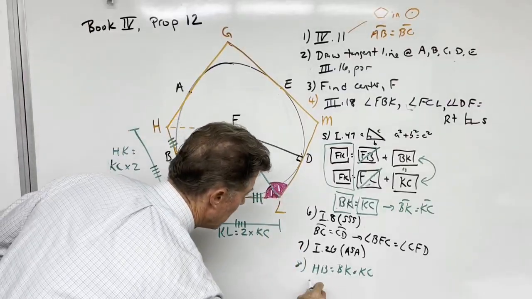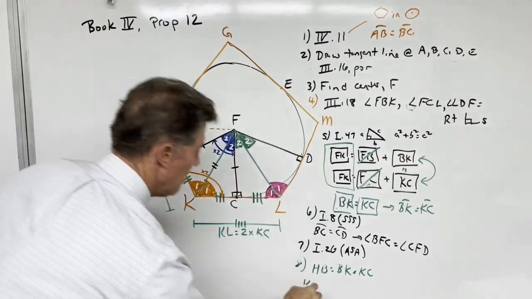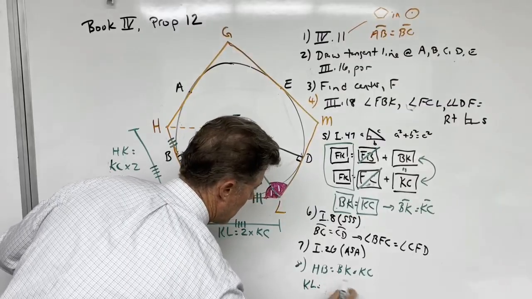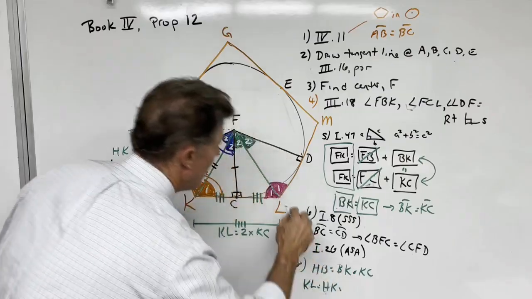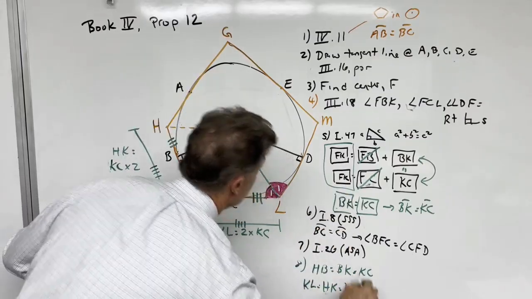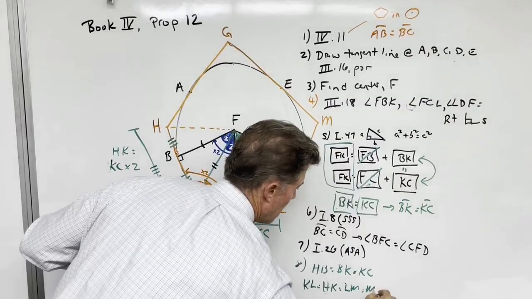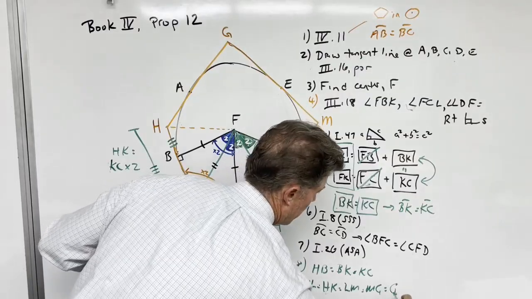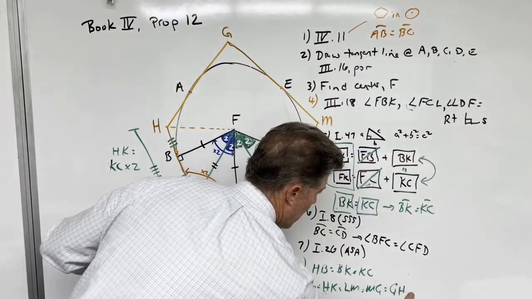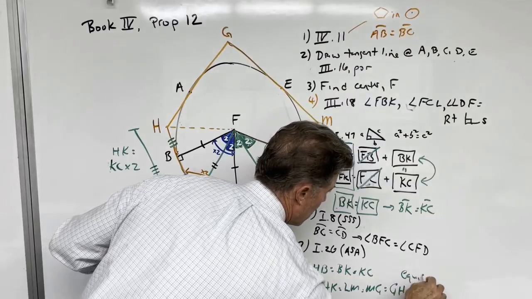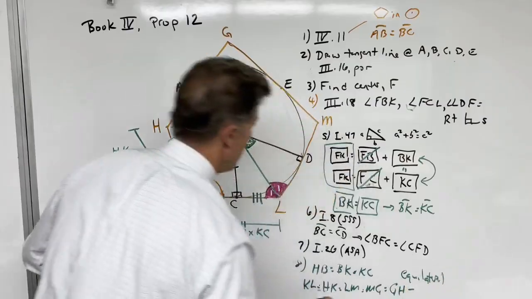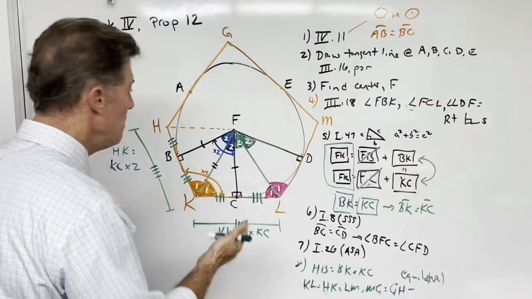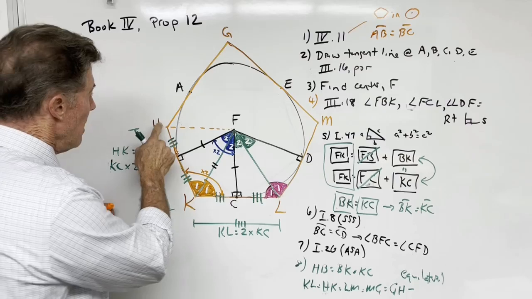So basically, we can show that KL equals HK equals LM equals MG equals GH, which means everything is equilateral on our orange pentagon. Now we just have to show it's equiangular. And it's very, very easy to do because we've already done all the work.